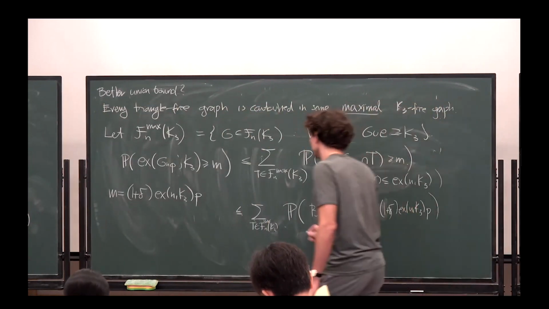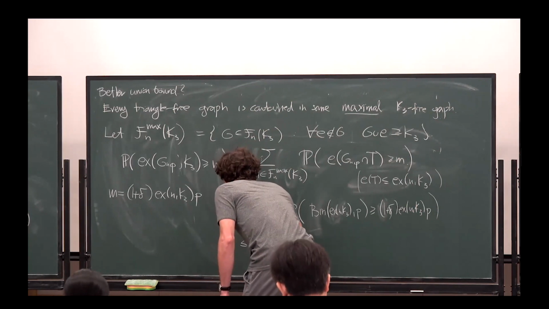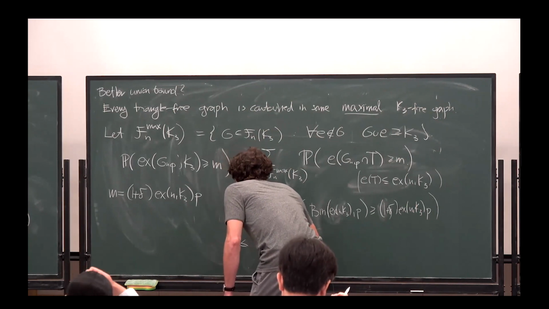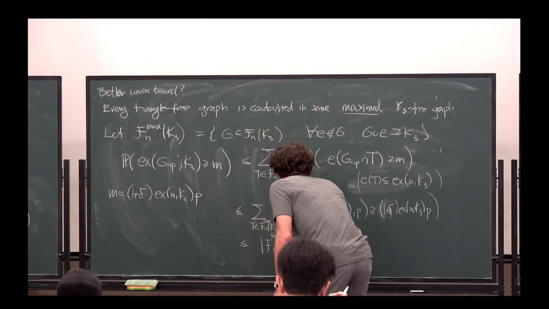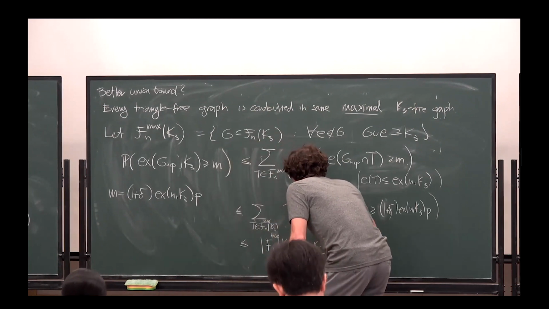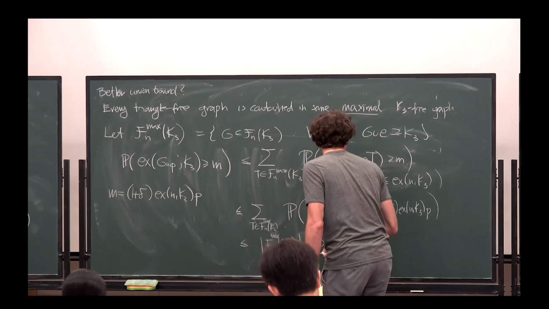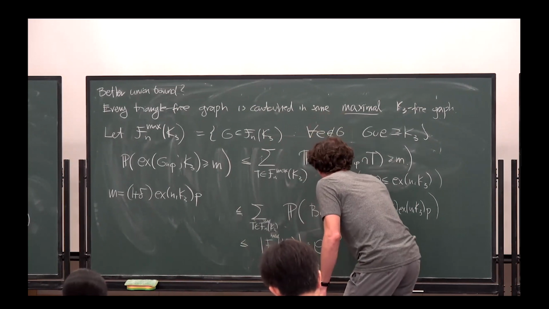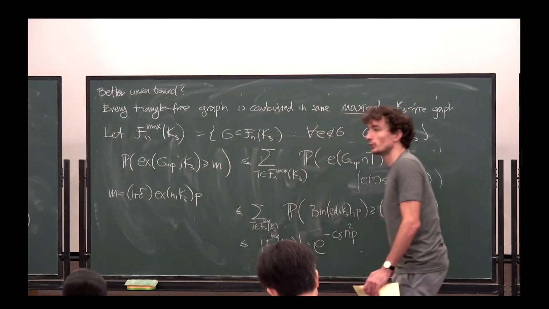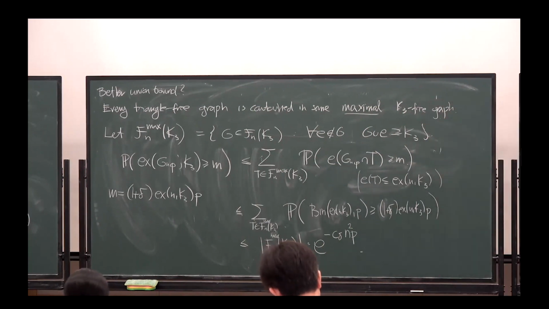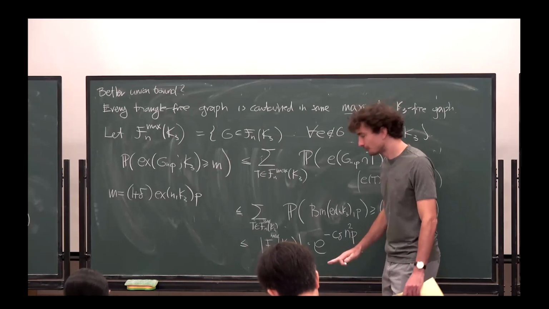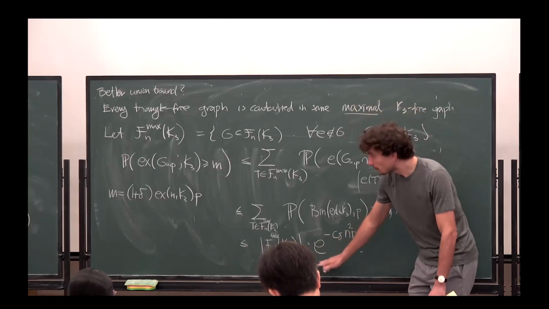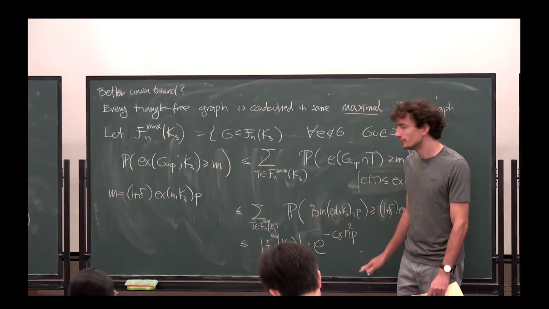So this is at most, for each element of this family, some constant that depends on delta times n squared p. And it looks great because the probability estimate here is really, really good.